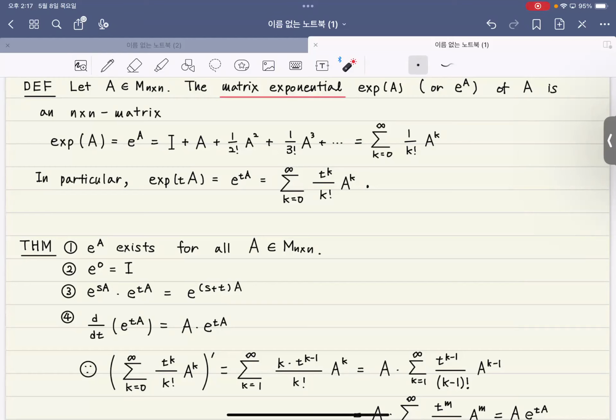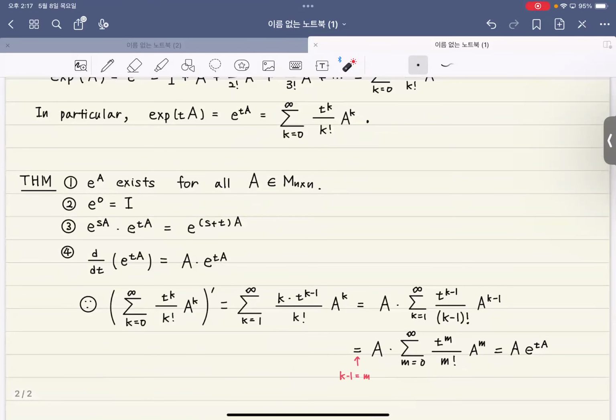And number 4, maybe I can try to prove this. This is the key property that we are looking for. If you take the derivative with respect to the variable t of the matrix exponential of this n by n matrix, then it is A times the original matrix exponential function. Why is that? Here is the quick proof.